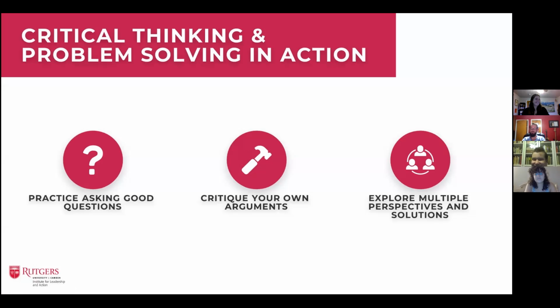That's critical thinking and problem solving in action. So these are just some things that you can do on a day-to-day basis to strengthen your critical thinking and problem solving skills. You want to practice asking good questions, and that's related to navigating the internet, being in the classroom, and just in your conversations with whomever you speak to on a daily basis.